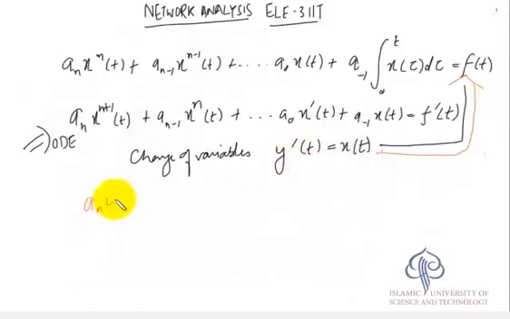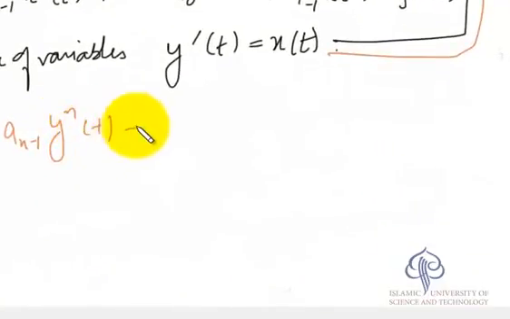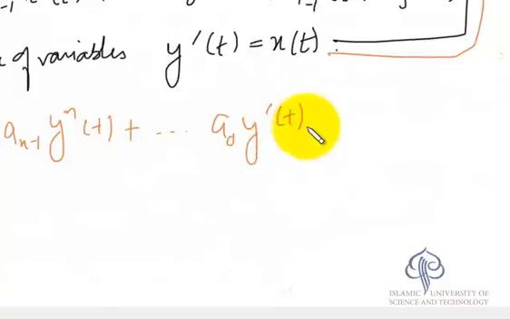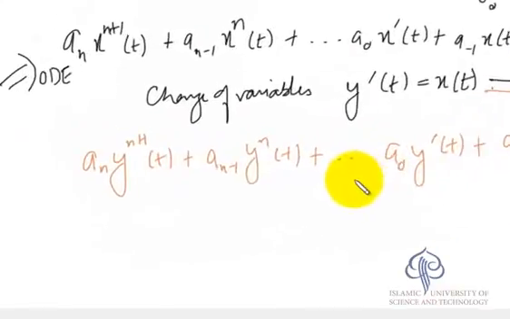So you have a_n y^(n+1)(t) plus a_(n-1) y^n(t) plus, we'll go up to a0 y dash t plus a_(-1) y(t) is equal to, the right hand remains the same, f(t). Please note that in the previous method the right hand changes, it becomes f dash t. Here it remains the same, it is f(t).